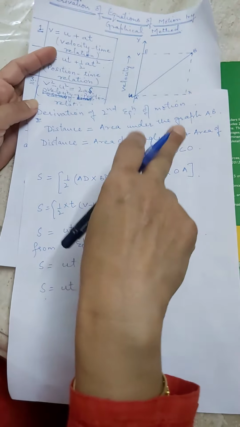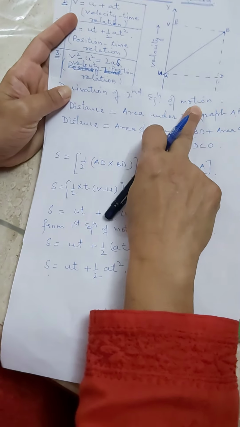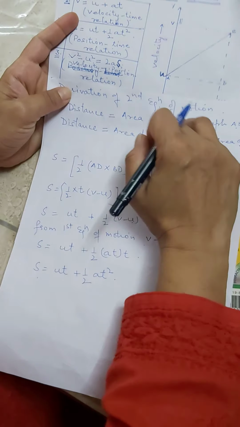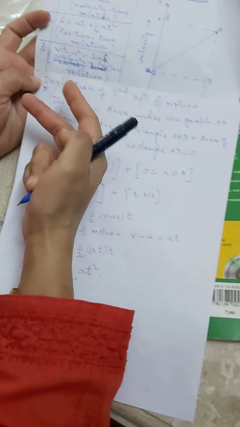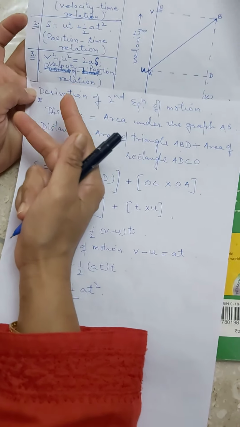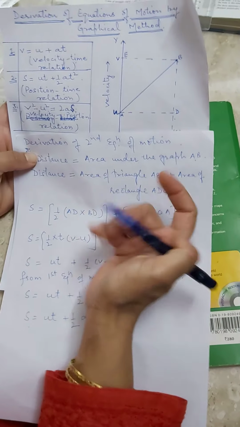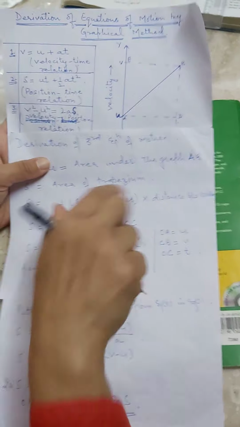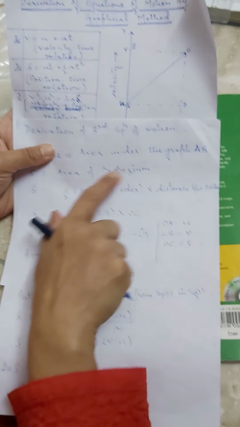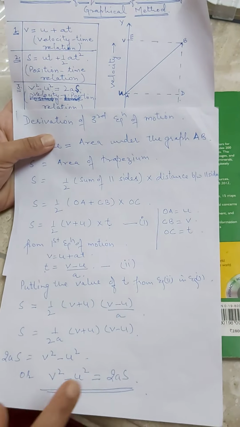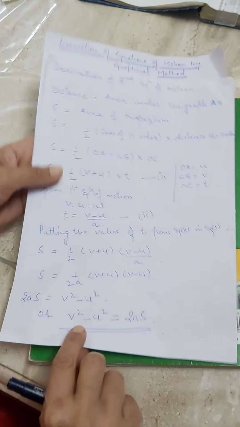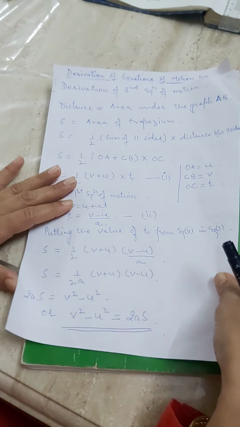For the second equation, we divide the area into two parts, as it is equation number 2. For the third equation, take the area as a whole, the area of a trapezium, and derive the equation. I hope you have understood. Thank you.